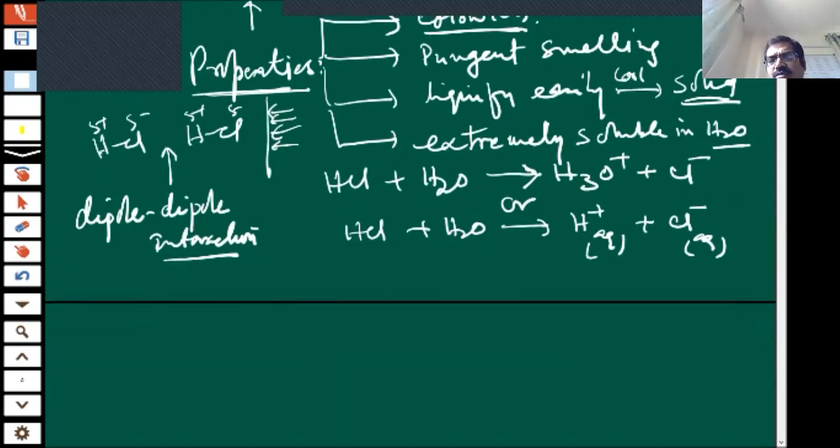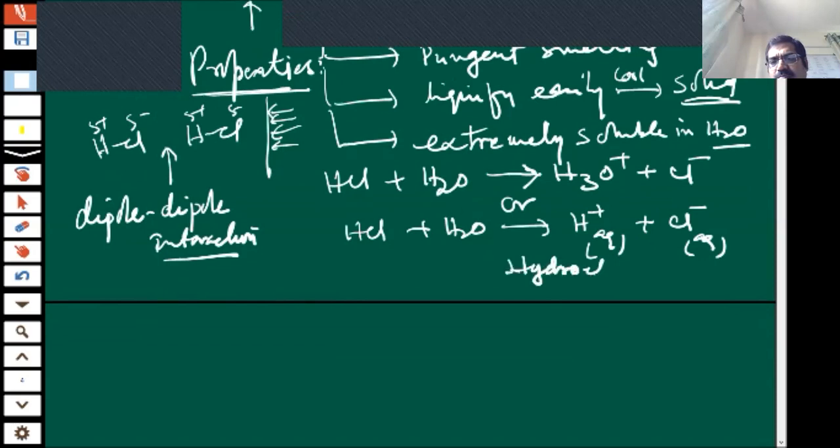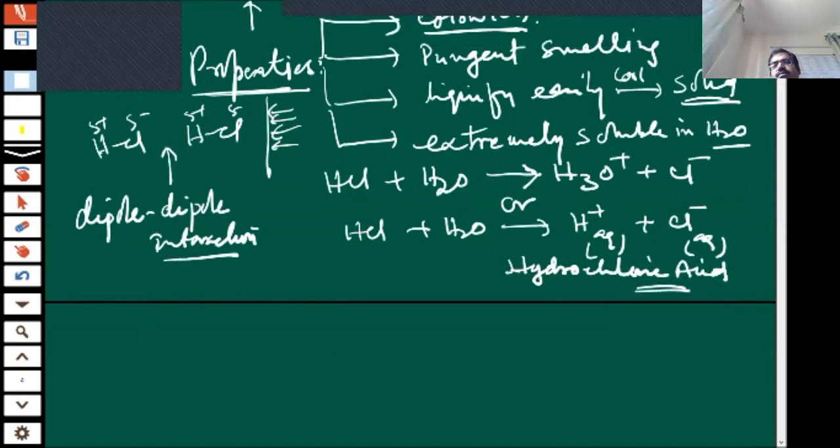So it becomes hydrochloric acid in water. Okay, children. So these are some general properties.